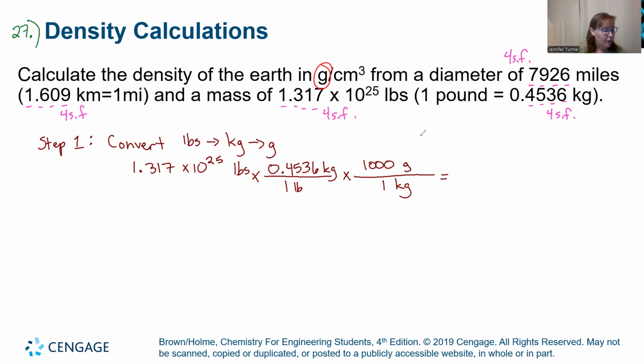And I work through this and I get 5.973912 times 10 to the 27th. And I can have 4 significant figures, so this becomes 5.974 times 10 to the 27th, and it's in grams. Okay, so this is my mass.